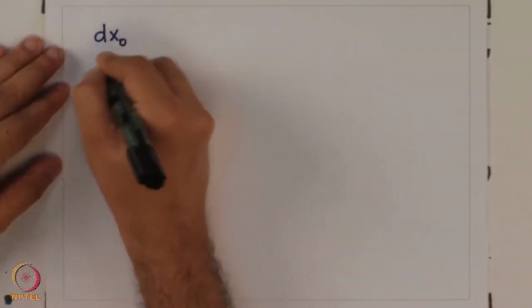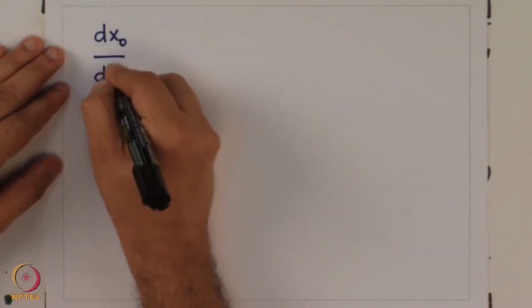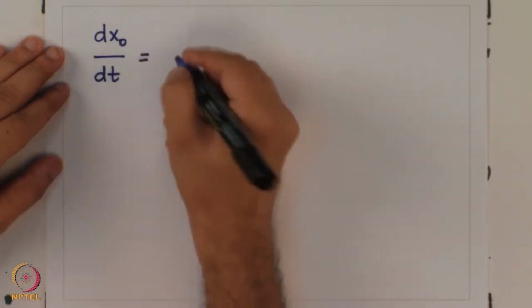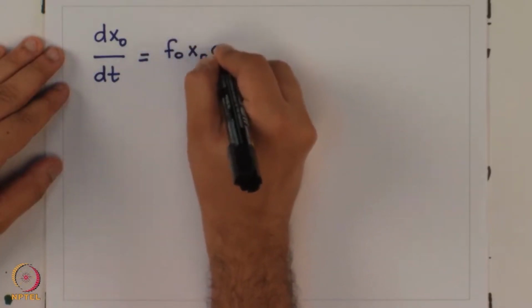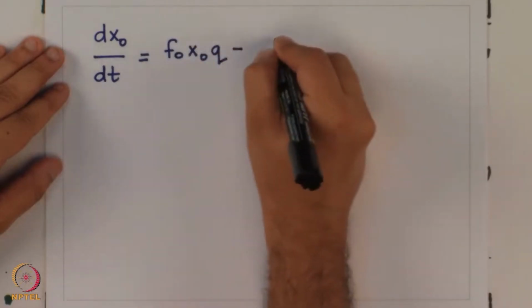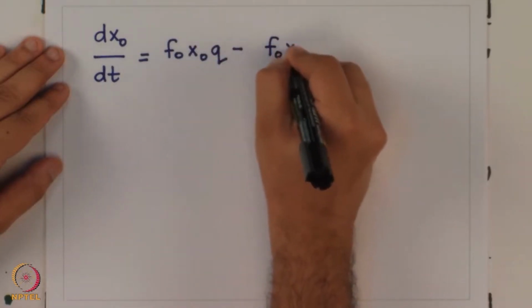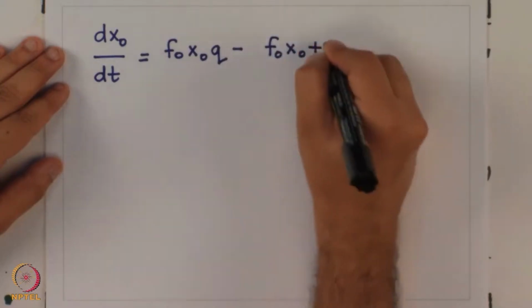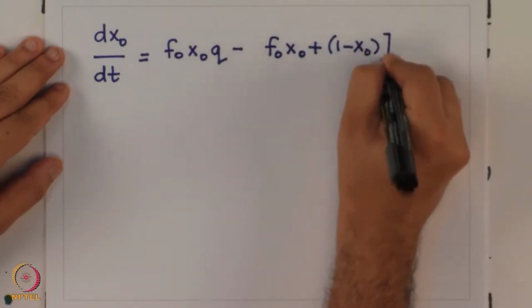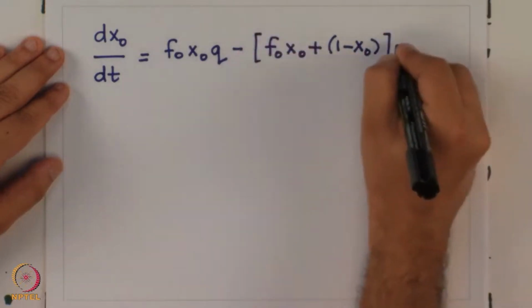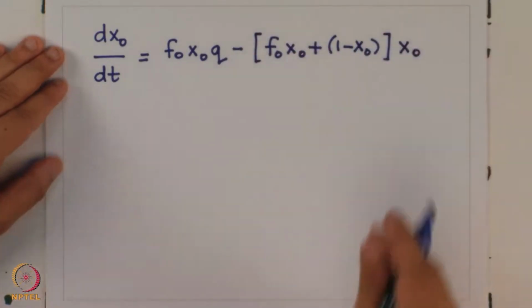So, when we do that, we get dx0 by dt equals f0 x0 q minus f0 x0 plus 1 minus x0, that is equal to phi times x0.